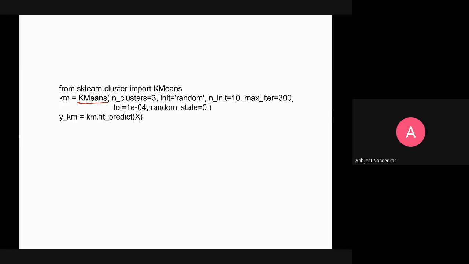We just initialize this object and pass the data x to fit the model, and you will get in turn a model based on kmeans. So it's one step in the package, but if you write it on your own, then you will find the difficulty in programming. It's very simple, but still you have to struggle to get a proper answer.